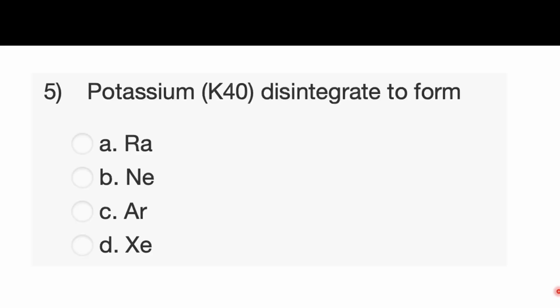Option D, xenon. This can be a little tricky. If you really have been through the lectures, you can answer this correctly. Potassium K-40 disintegrates to form dashed. Is it radium, neon, argon, or xenon?